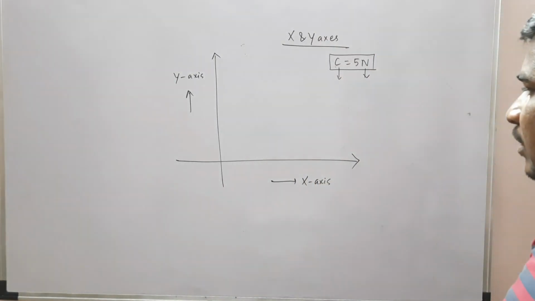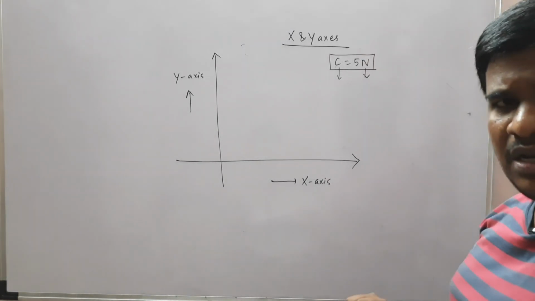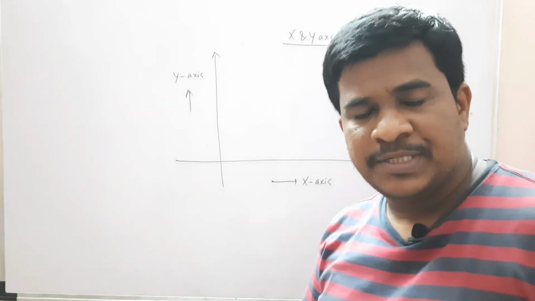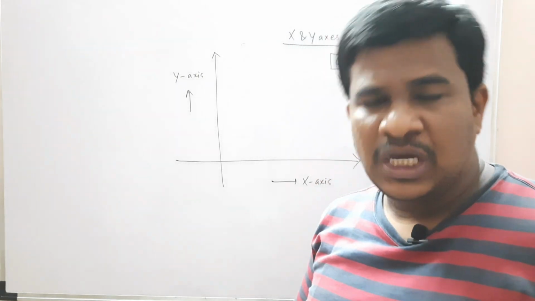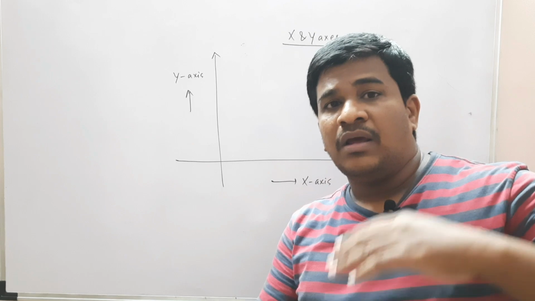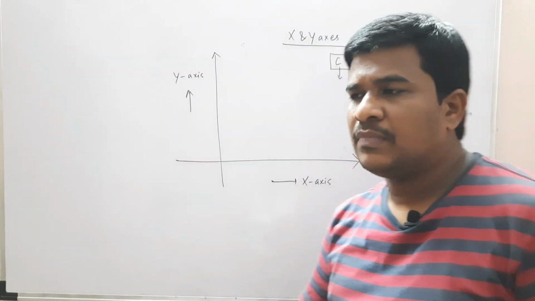So here what I do is, when you are plotting a graph between two variables, the first and foremost thing you have to keep in mind is which variable has to be taken. That must be known first.